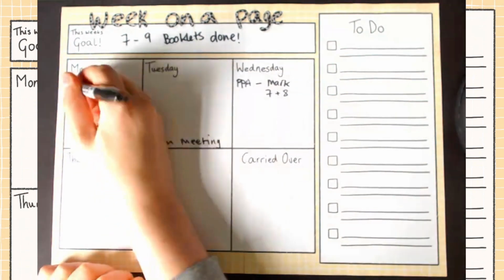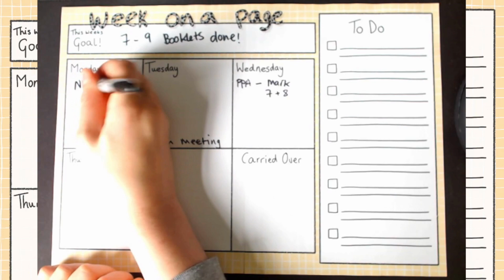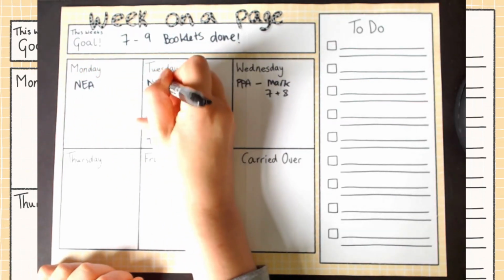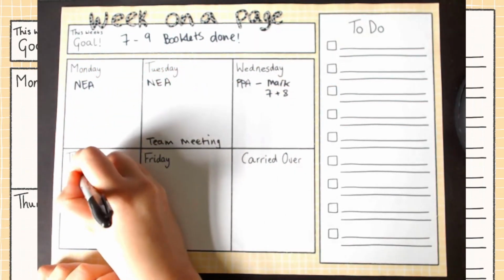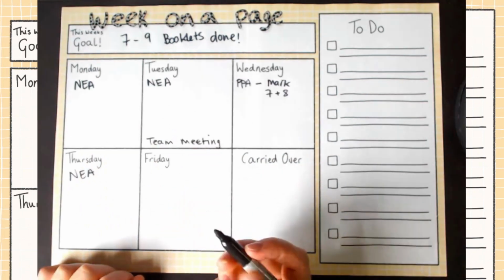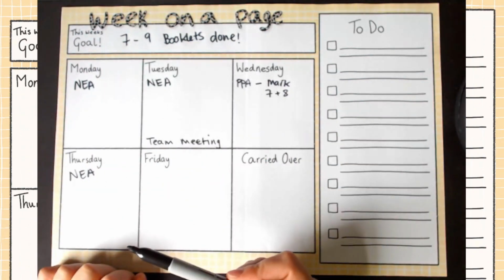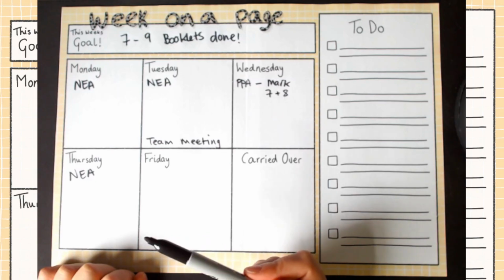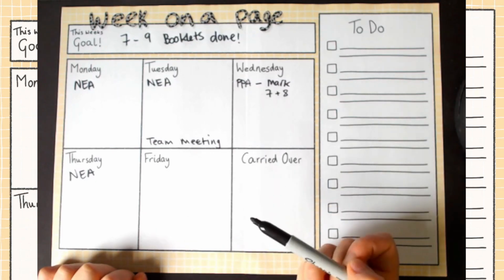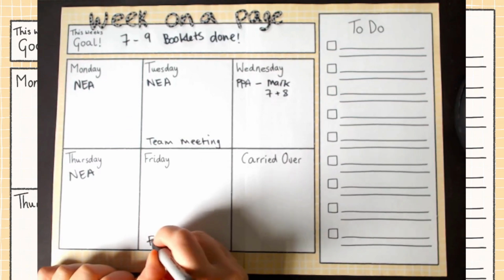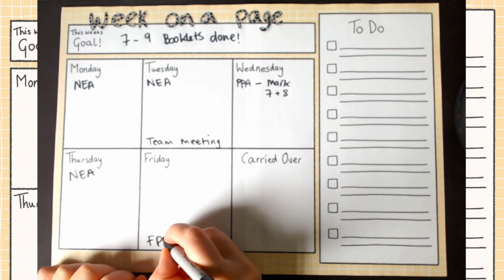I could put that in because it's quite a big job. I could put that into 3 days, right? And then just divide the work by 3 and then put it in those 3 places. And say maybe I've got to do enough Friday positive phone calls, yeah? So I'll put my Friday positive phone calls in there.